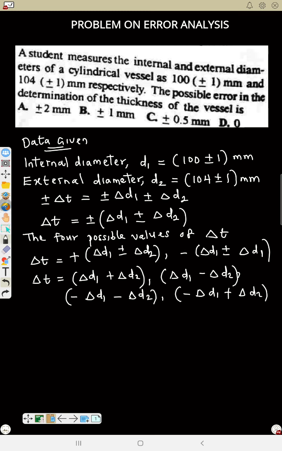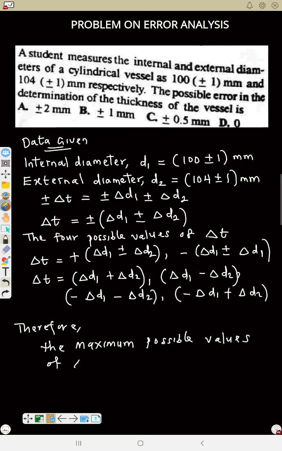So from here, therefore, the maximum possible values of absolute error in the thickness, the maximum possible values in the absolute error. So let me put it this way so you can understand better.